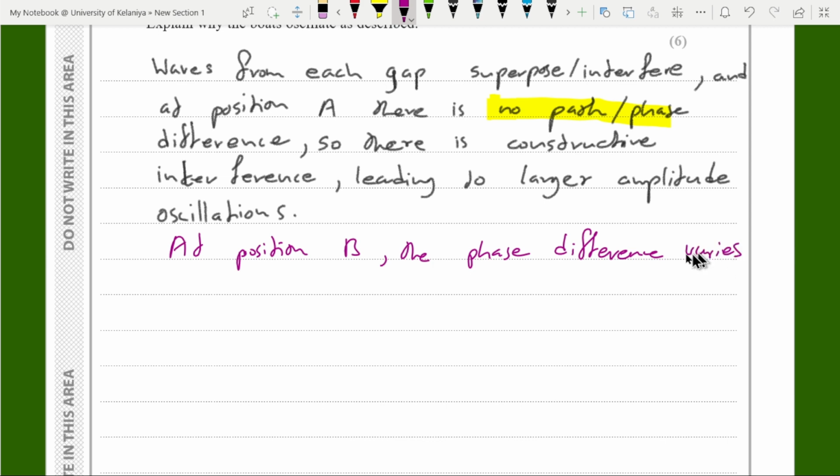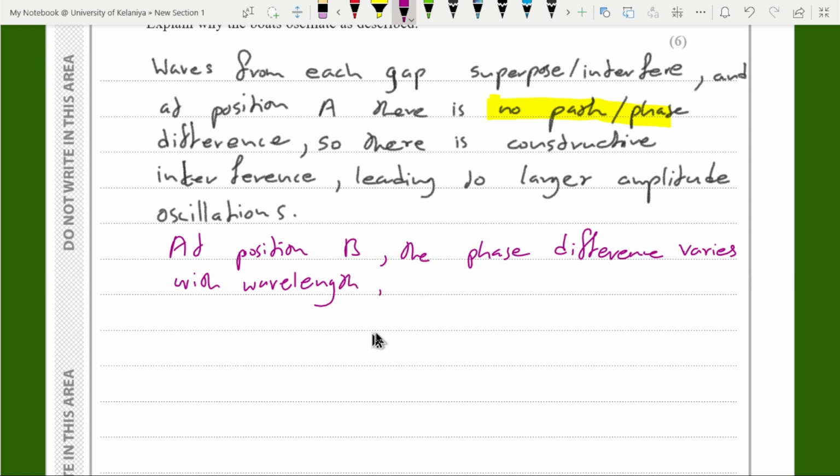Why? Sometimes it is oscillating with a larger amplitude and sometimes it is oscillating with a small amplitude, right? The phase difference varies with wavelength.